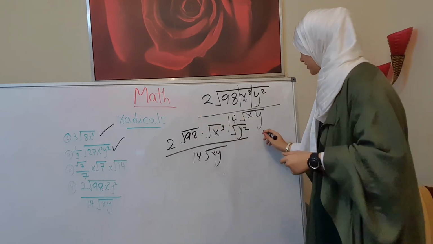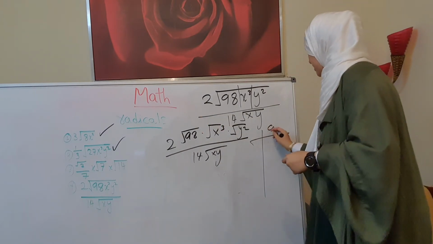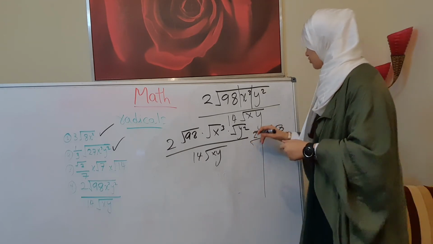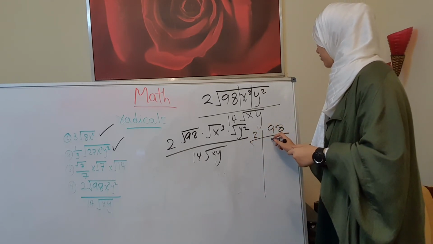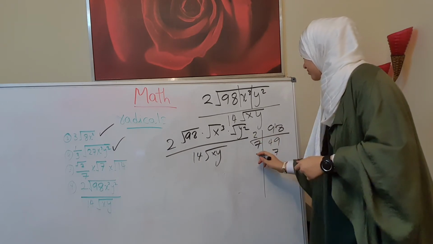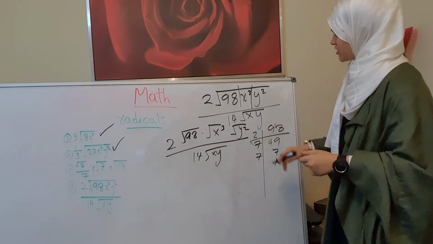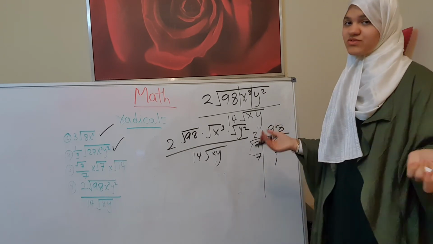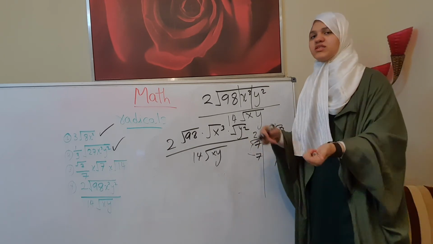Now let us solve 98. You can see here 98 divided by 2 is 49, then 7, 7, 7, 1. So that means we have two 7s, that means the number that multiplies itself 2 times will be the square root of the number.